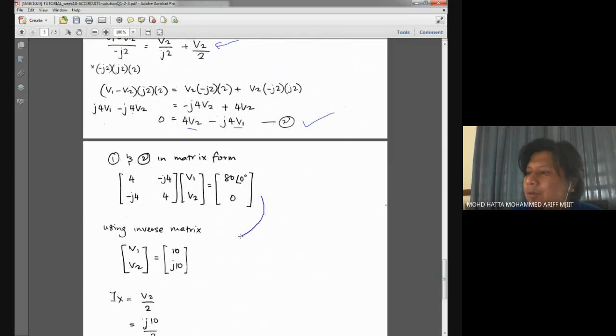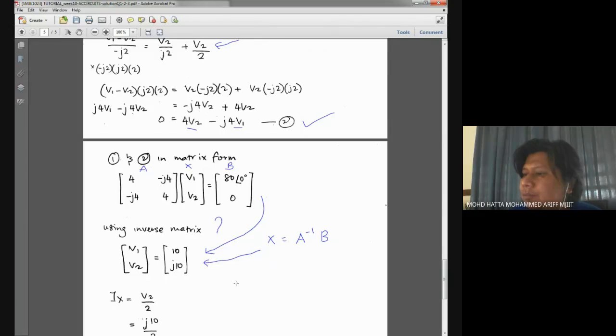From here to here there is some missing part, where what I did was: let's say this is matrix A, this is my X, and this is B. If I like to find matrix X, what I should do is take the inverse of matrix A and multiply it with matrix B, and I will get my answer.